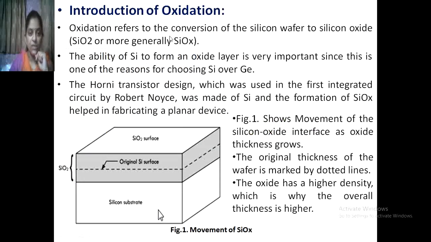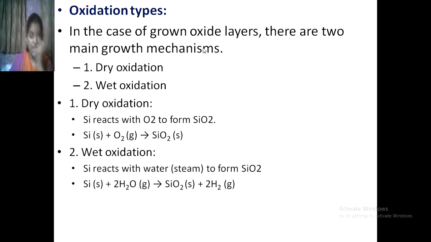Then we have seen the introduction to oxidation. Last time we started the introduction to oxidation. So oxidation means what? Conversion of silicon to silicon oxide. In that, there are 2 types of oxidation, dry oxidation and wet oxidation.